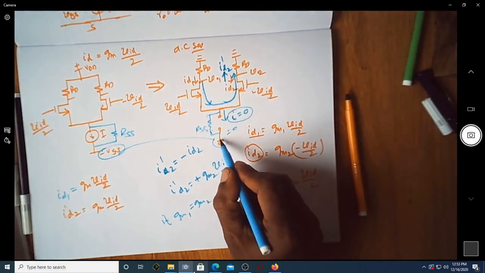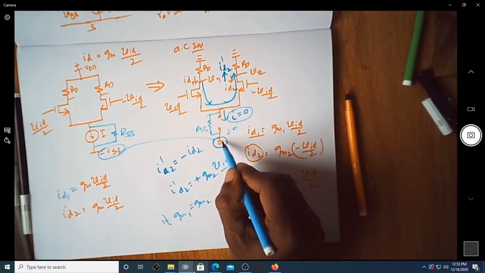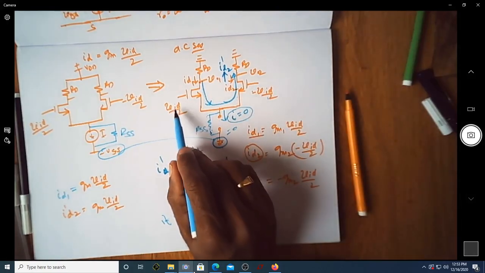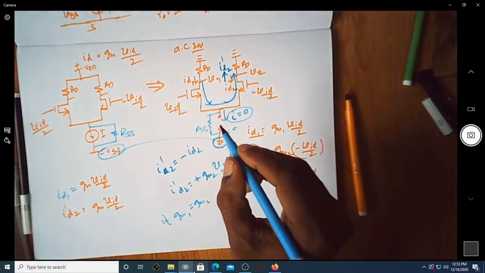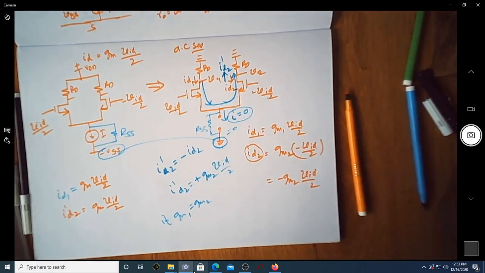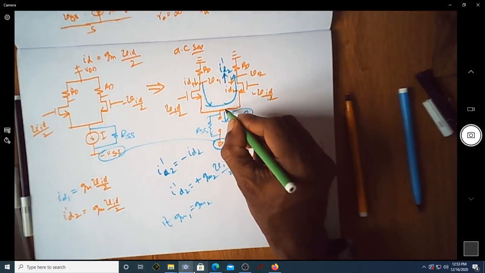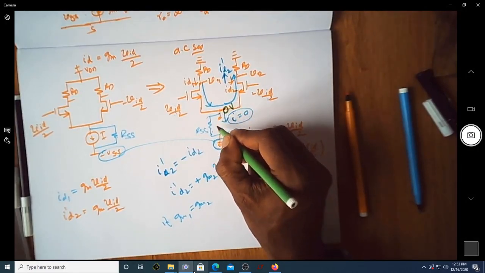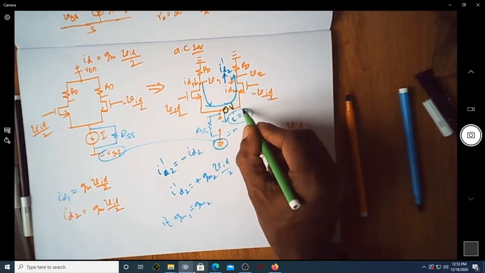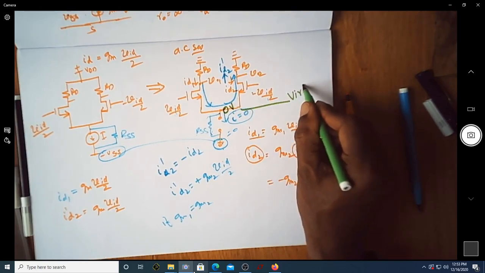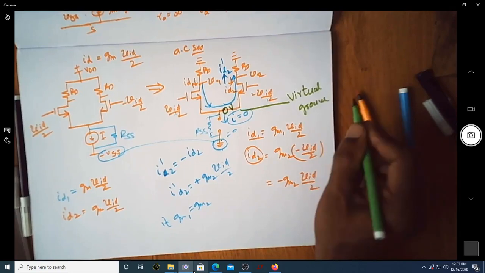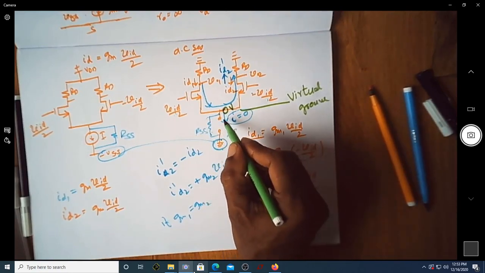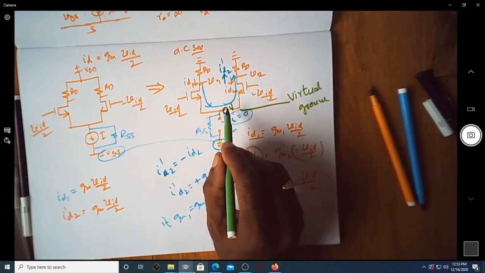Meaning, even though you do not have an actual ground here, because of the input voltages of VID by 2 and minus VID by 2, you will still see a voltage of 0 volt here. Even though this is not actually grounded, this looks like a virtual ground. Why is it virtual ground?